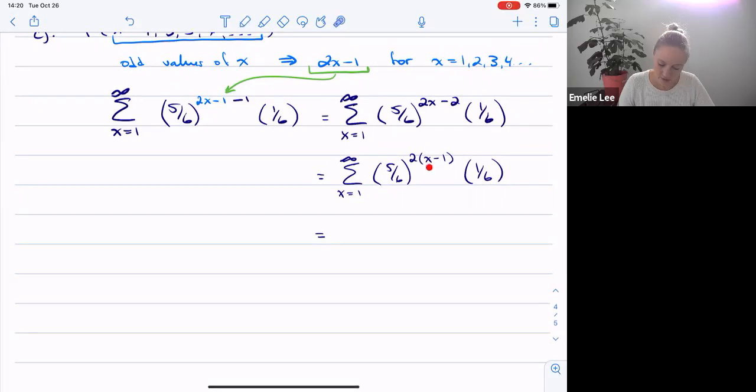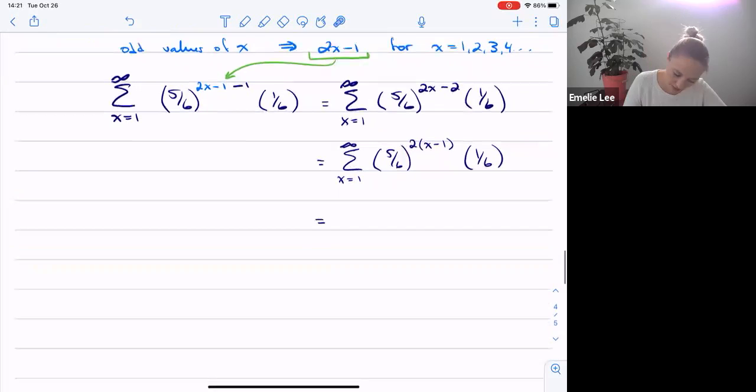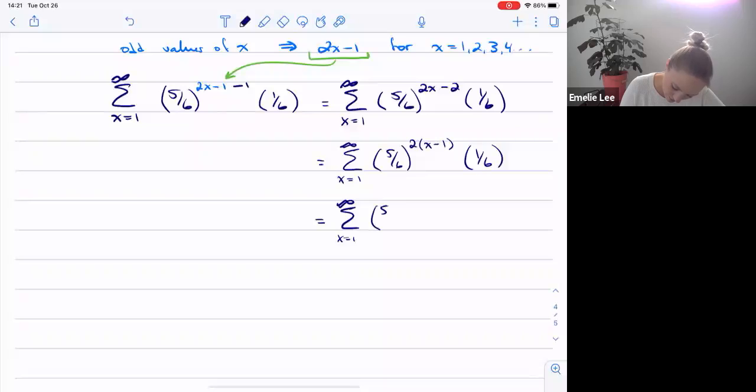Okay. So to make it look like what we were just dealing with, with a k of x minus 1, I can bring this 2, exponent laws, onto the 5 as well as onto the 6. And so what I get is the sum from x equals 1 to infinity of 5 to the power of 2 over 6 to the power of 2, all to the power of x minus 1, times 1 over 6.